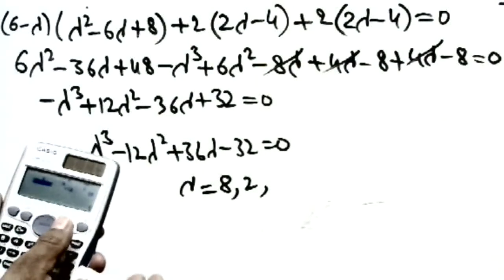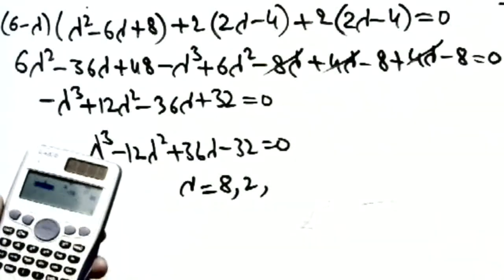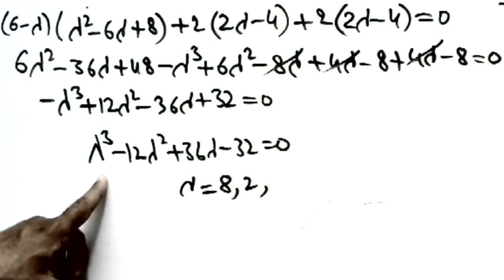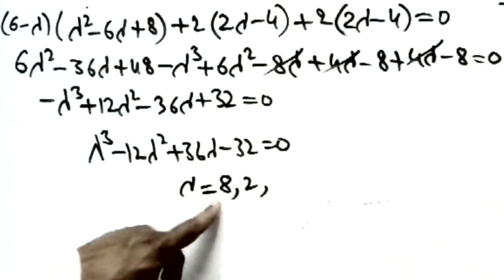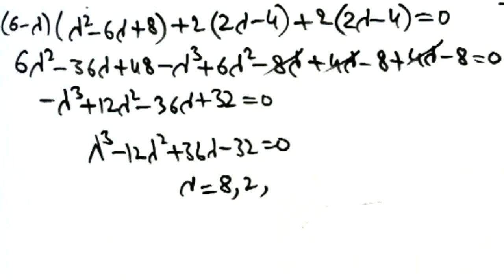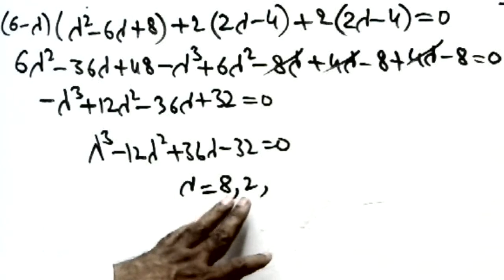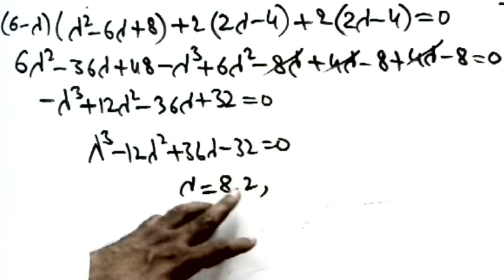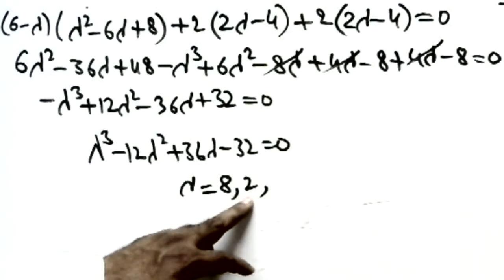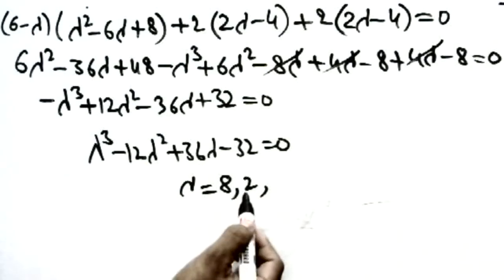Again the same question is coming, I will explain what to do. This is a cubic equation, so we must get three values. In this calculator, the fx-991EX Plus, sometimes instead of three values we get only two values.